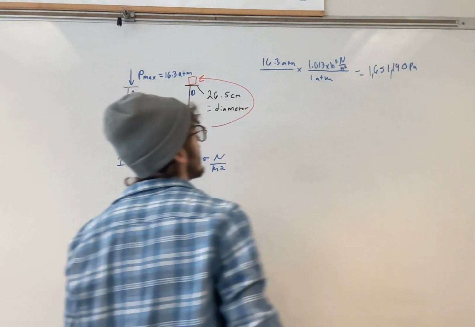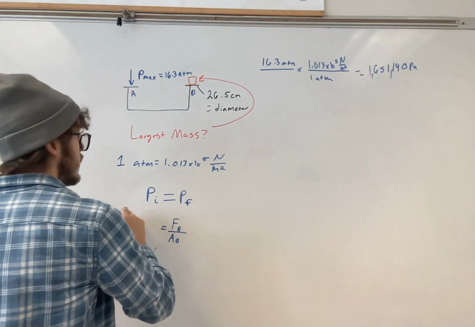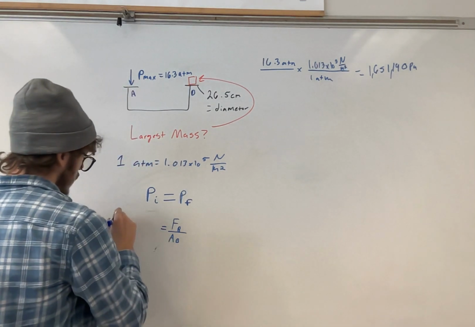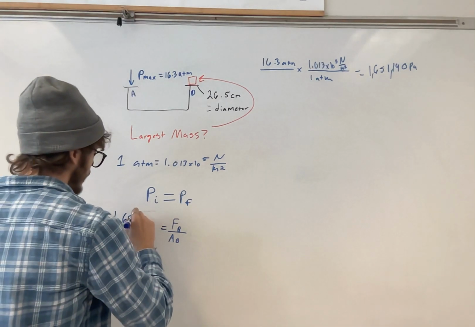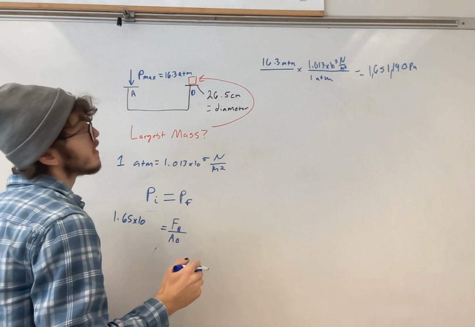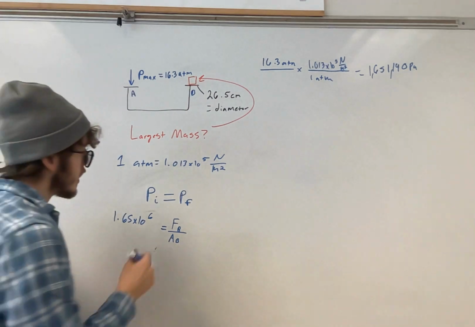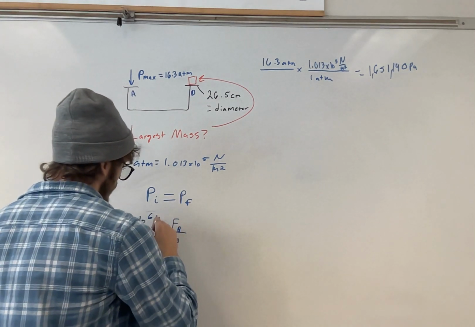And we'll keep it in pascals here, and we'll actually put it in scientific notation, 1.65 times 10 to the 6 newtons per square meter.